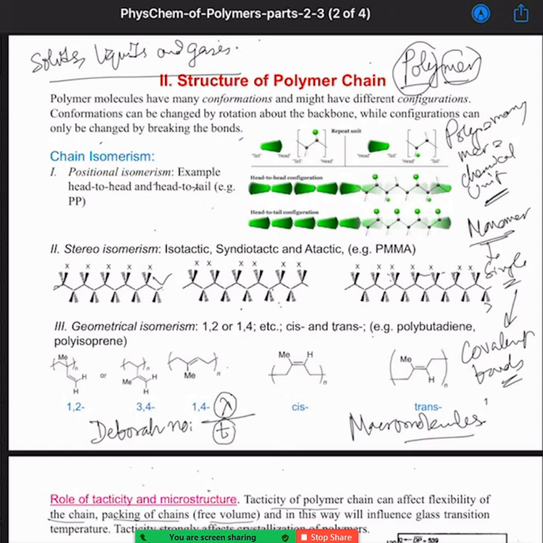What do we mean by observation time and relaxation time? Observation time or experimental time is the time for which some stress is applied on a material, and lambda is the relaxation time, meaning when that stress is withdrawn, how much time the material takes to relax.